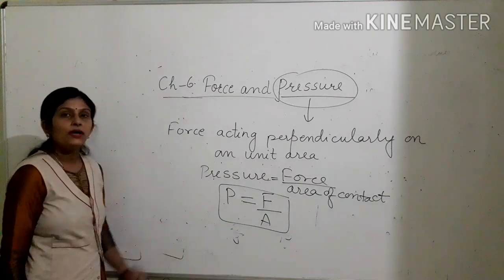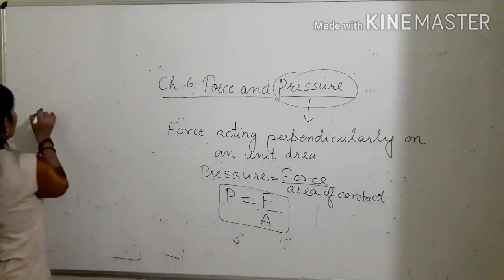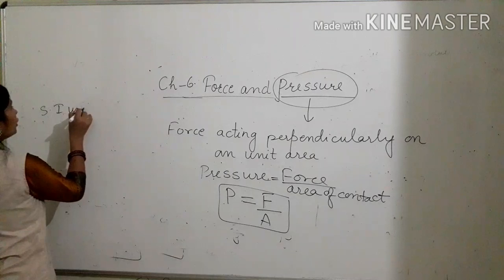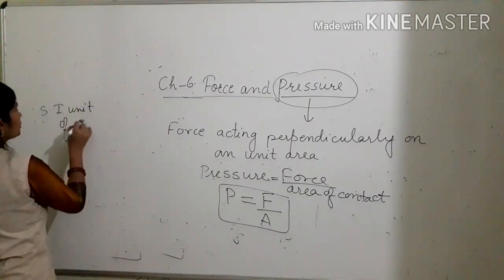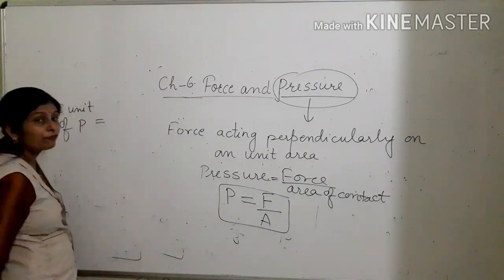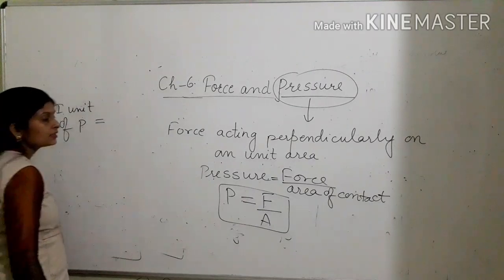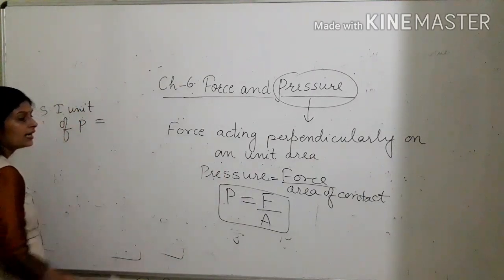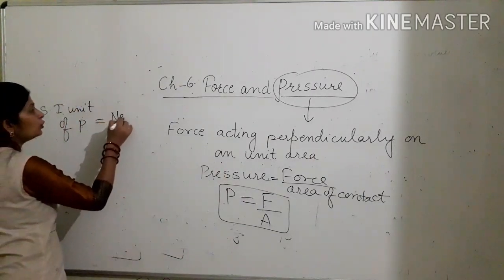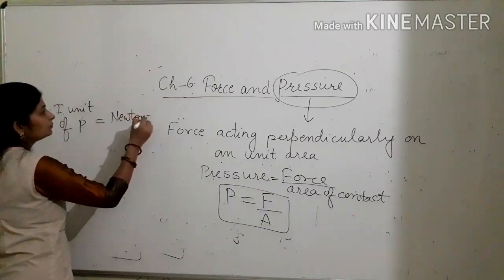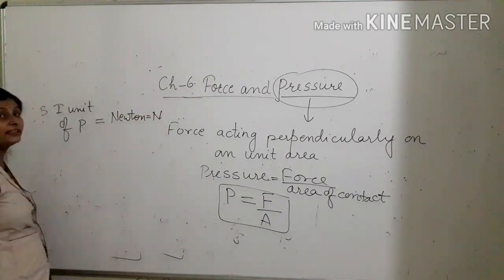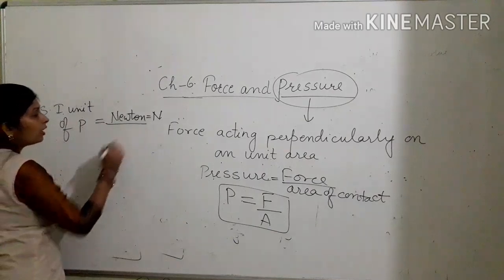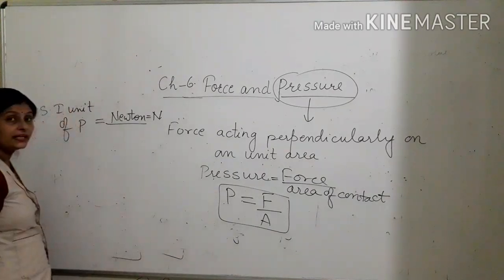Now, what is the SI unit of pressure? The SI unit of pressure can be derived from the formula. The formula is force upon area. The SI unit of force is Newton, denoted with capital N, upon area.